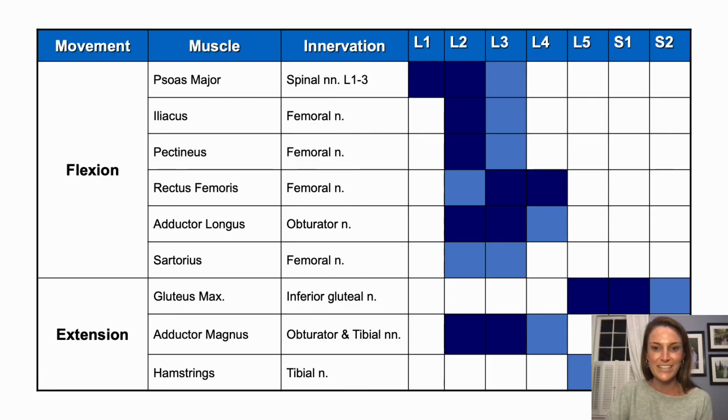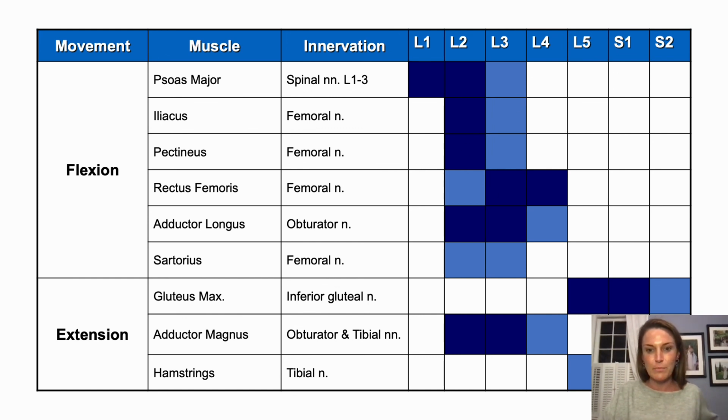Okay, so I included these slides. They're in your orthopedic residency manual presentation as well, but I just think they're super helpful in terms of innervation and these, like, in general for the movements. So if you had done manual muscle testing for the hip with a patient and you noticed that their hip flexion was specifically weak as compared to the rest of the motions, you could come here and see that L2, L3 is the main levels that innervate these muscles.